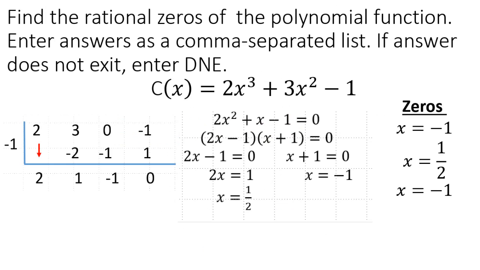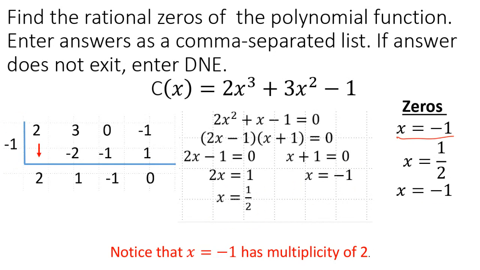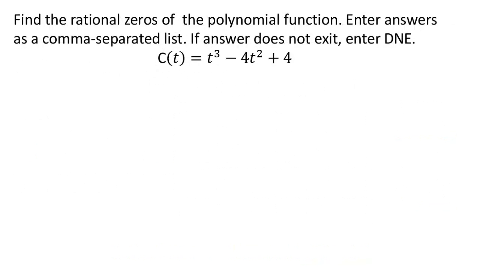So my zeros are going to be x equals -1, which comes from the synthetic division, and then my other two zeros came from the quotient. Notice here that the -1 is repeated twice, right? You have two -1s. So we say that the multiplicity of -1 is 2. It occurs an even number of times. That's going to be important when you're trying to graph the equation.